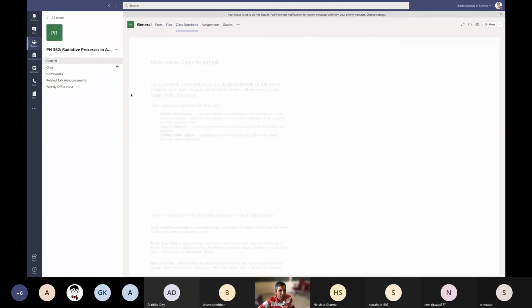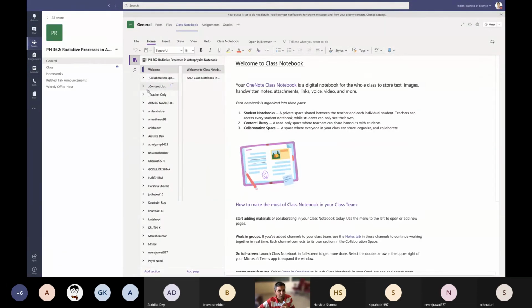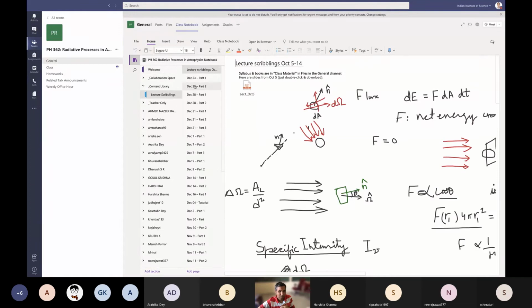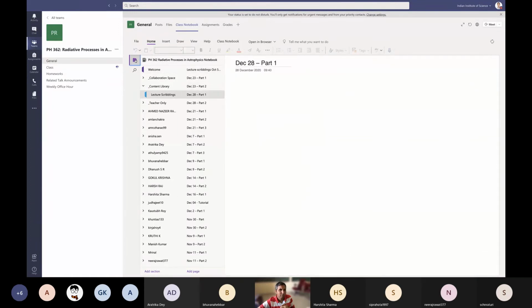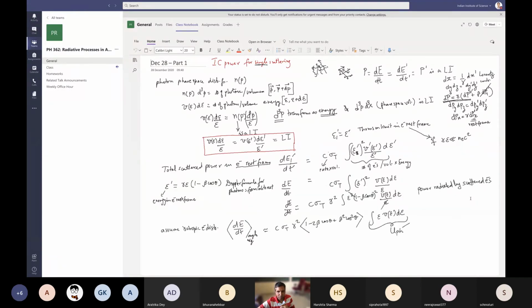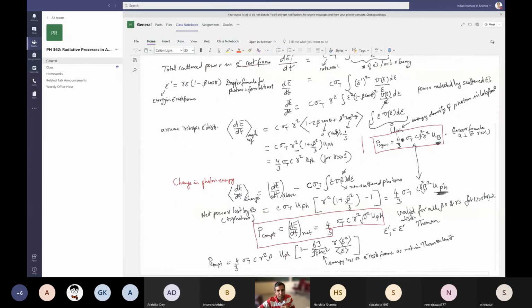Okay, so let me go back to where I was. Basically, the upshot is that a photon can gain energy or lose energy depending on whether it has more energy than the electrons in the lab frame.